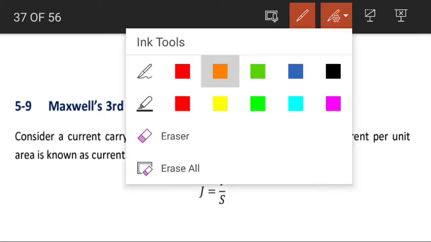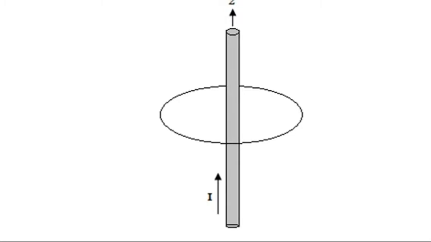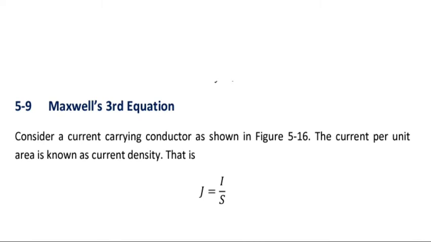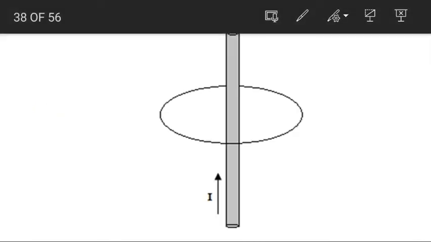And for the third equation of Maxwell, we consider a current carrying conductor. The current in the conductor is represented by I, and the cross-sectional area of the conductor is represented by S. We know that current density is the current per unit area. So the current density will be equal to the current per unit area.